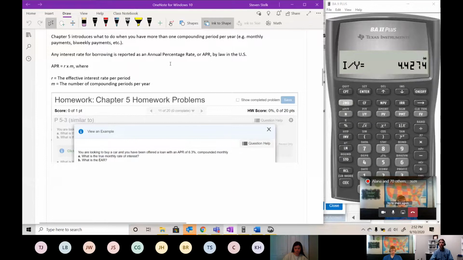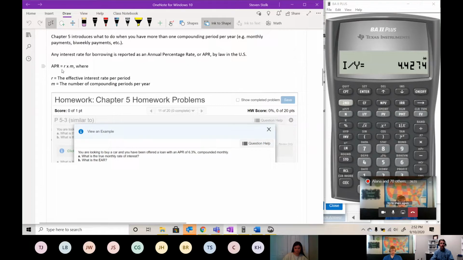All right. And so the thing we need to know is that in the US, any interest rate on anything that we're borrowing is reported as an annual percentage rate, or APR. Anytime you look at your credit card statement, your car note, the contract for your car note or your mortgage, you'll see APR equals. APR stands for annual percentage rate. And APR has a specific definition.